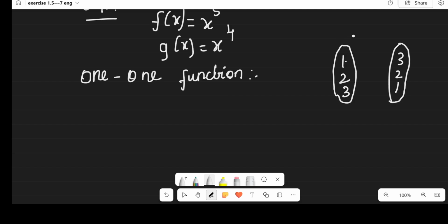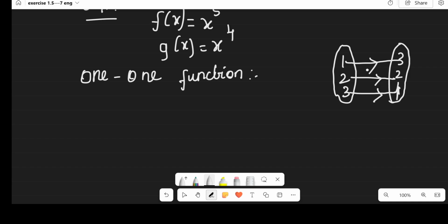We can say this is input, this is output. This is the relation. Relation means this 1 is input, this 3 is output. For input 1, 3 is the output. For input 2, 2 is the output. For input 3, 1 is the output.